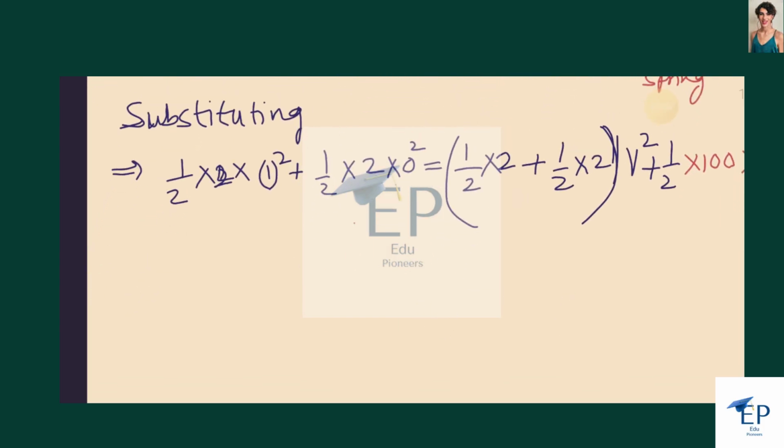After solving, I get 1 minus 2 V square is equal to 50 x square. This is equation number 1.